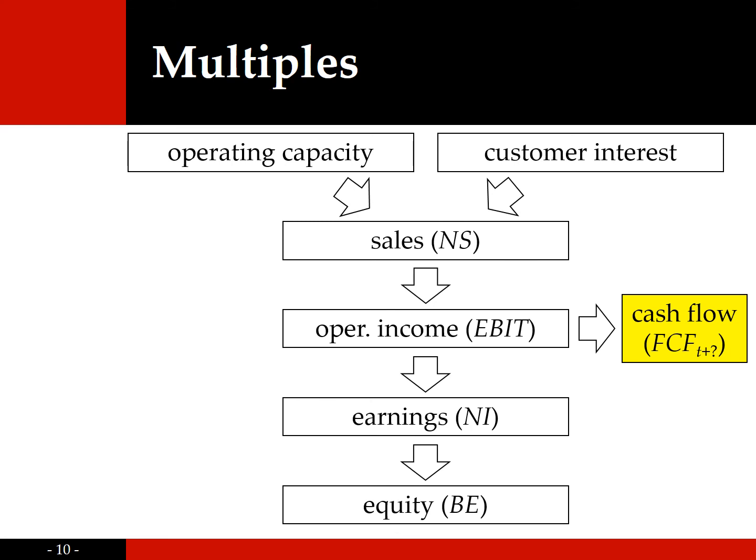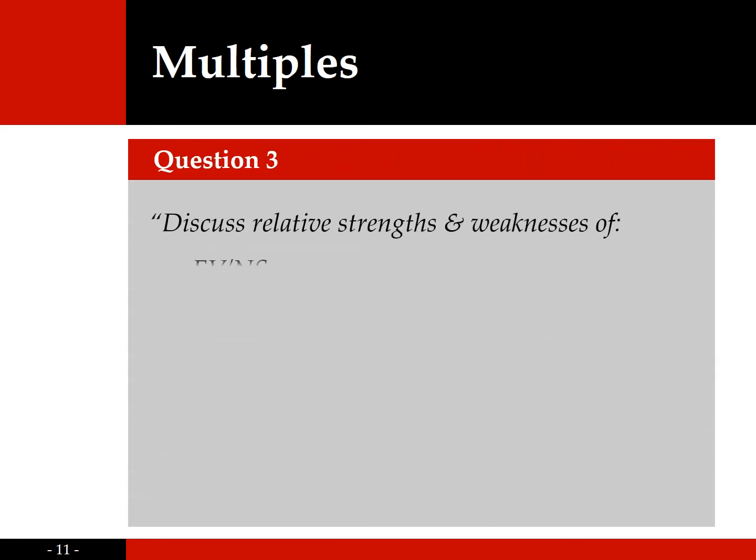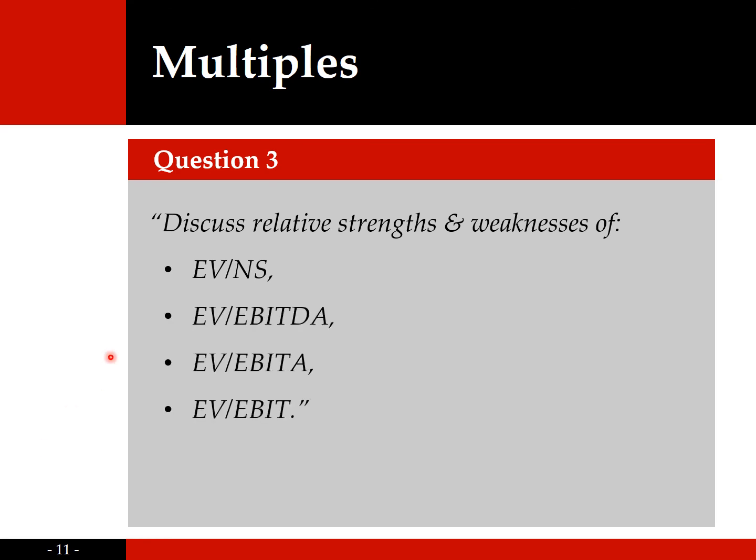And this brings me to my third question of the week. The third question asks you to discuss the strengths and weaknesses of the following 4 valuation multiples that are all rather close to cash flows. That is to say, the enterprise value to net sales, the enterprise value to the earnings before interest, taxes, depreciation and amortization, the enterprise value to earnings before interest, taxes and amortization, and the enterprise value to earnings before interest and taxes.